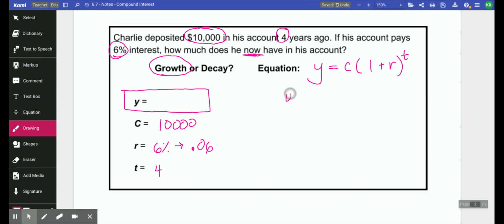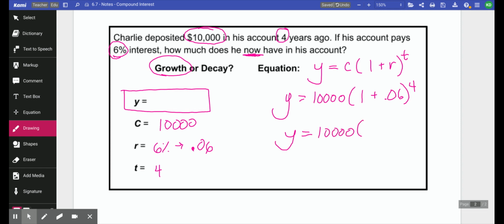So let's see how this goes. Y equals $10,000. So that's our starting amount. 1 plus 0.06 to the power of 4. So we can add in the parentheses. That was our parentheses. Then we're going to do our exponents.